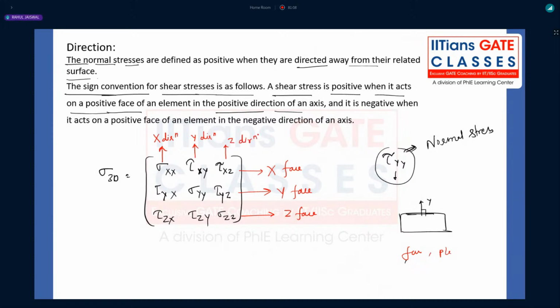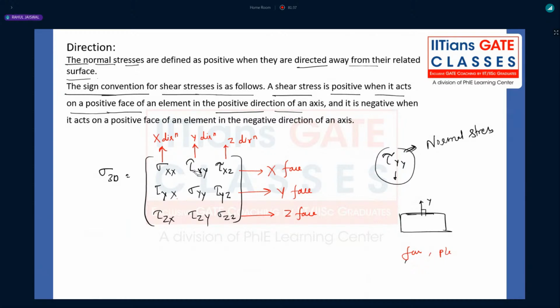Now you can say why we are defining sigma xx, x phase, x direction. How to read that? X phase, y direction; x phase, z direction; y phase, x direction; y phase, y direction; y phase, z direction; z phase, x direction; z phase, y direction; z phase, z direction, right?